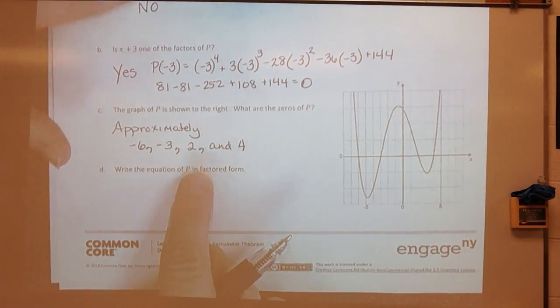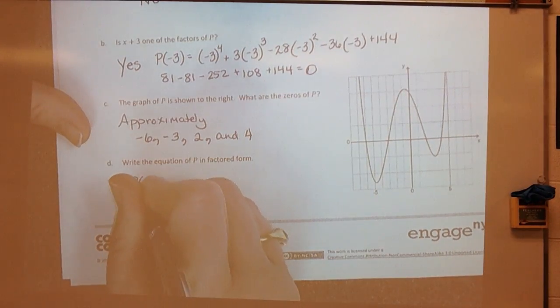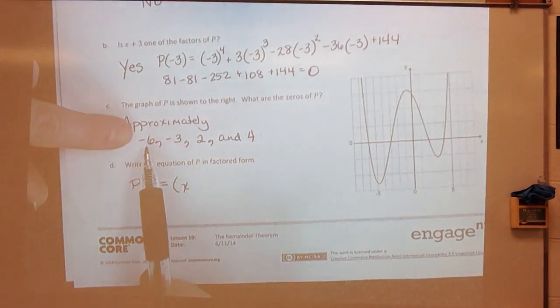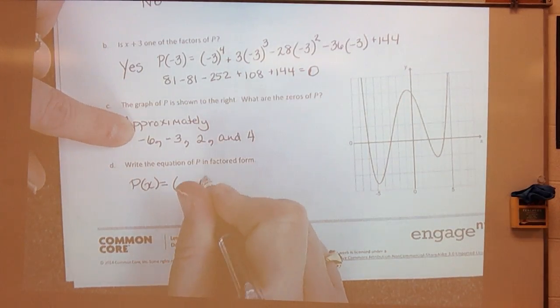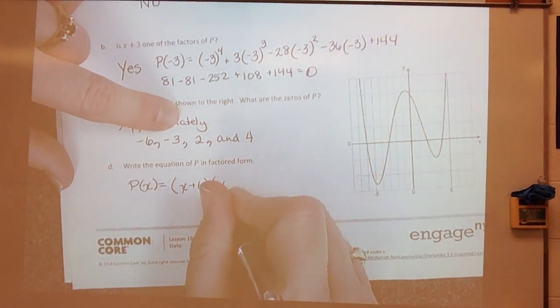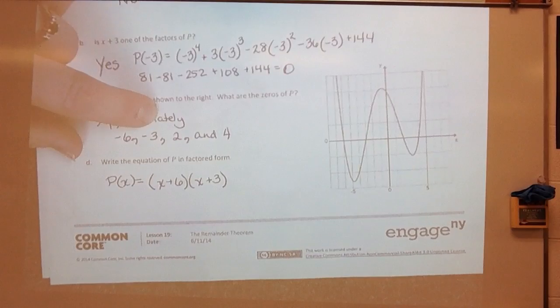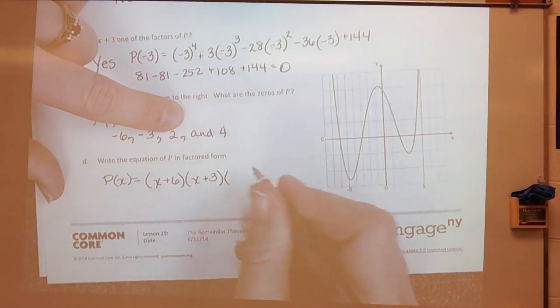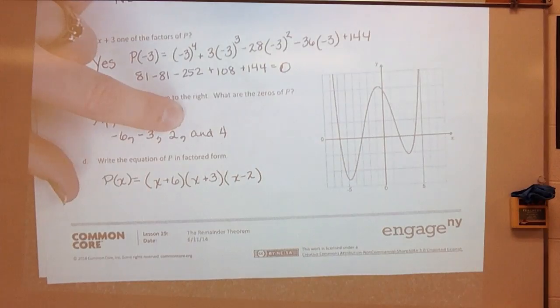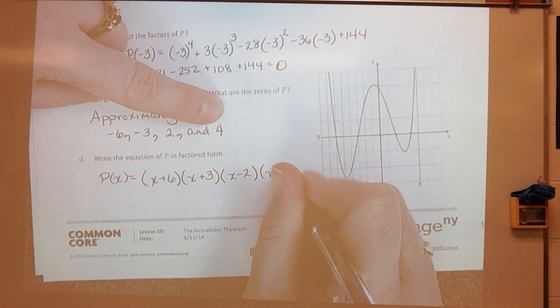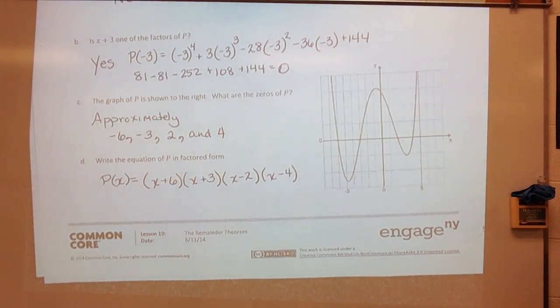I already know my zeros, so P of X would be equal to the opposite of -6, so X plus 6, times the opposite of -3, so X plus 3, times the opposite of 2, so X minus 2, times the opposite of 4, so X minus 4. So this is what my polynomial would look like in factored form.